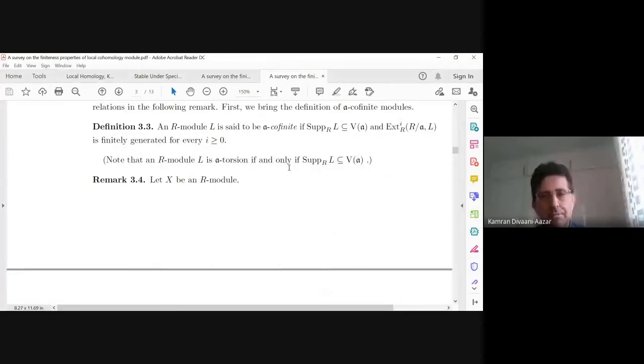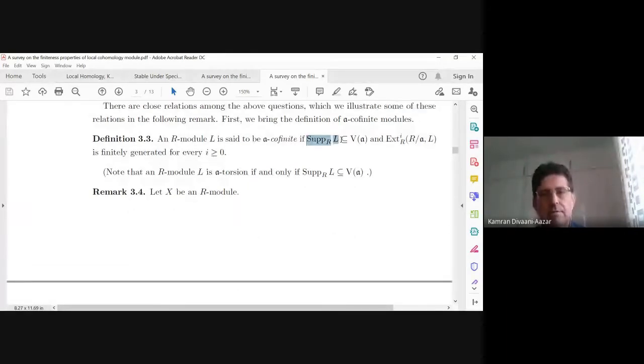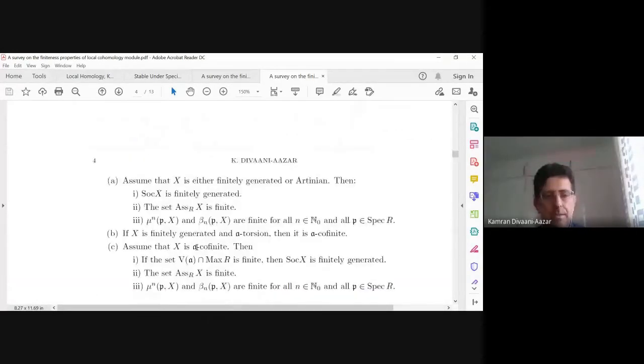So the first part of the definition is satisfied. And if we take a finitely generated module, clearly the Ext modules should be finitely generated. So from the definition, it is clear that if a module X is torsion and finitely generated, then it should be cofinite.